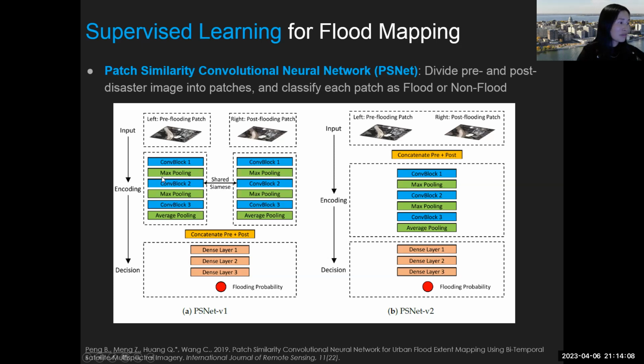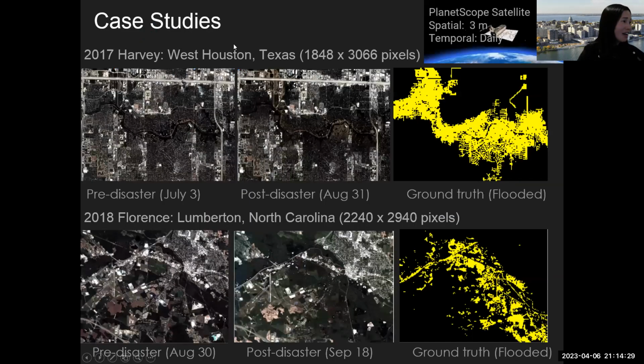Here we develop two PatchNet architectures. In the first architecture, we concatenate the features rendered through the encoding process. In the second architecture, we first concatenate the pre and post flood images before going through the encoding process.